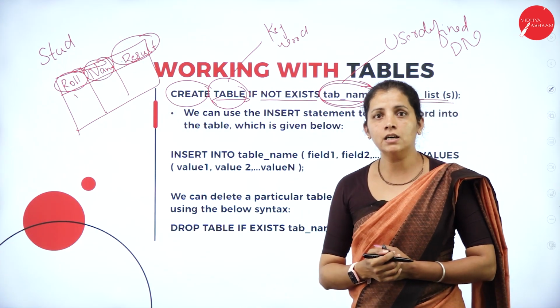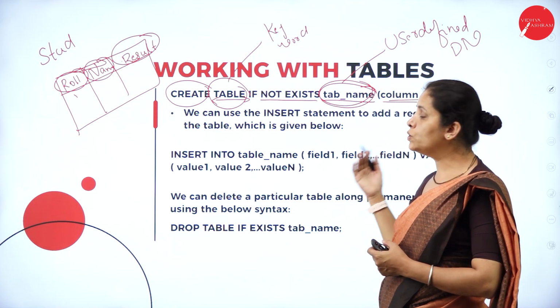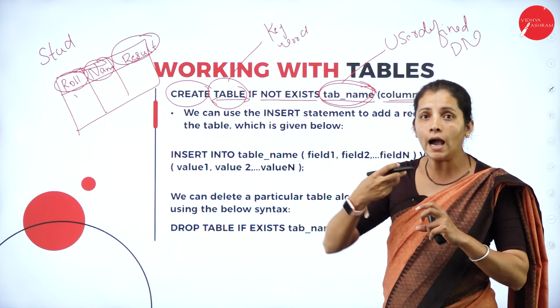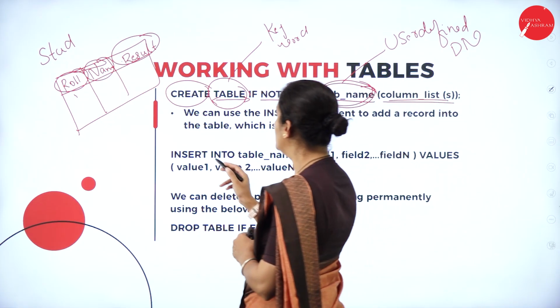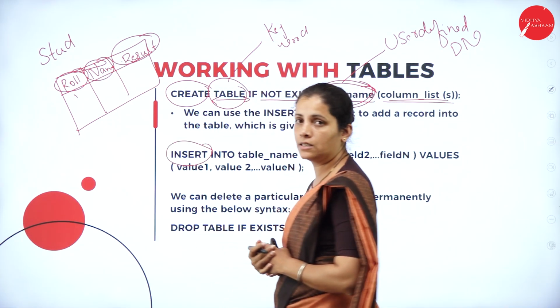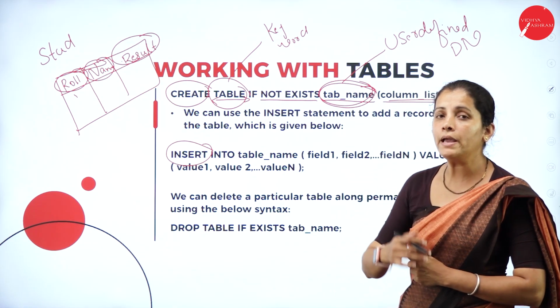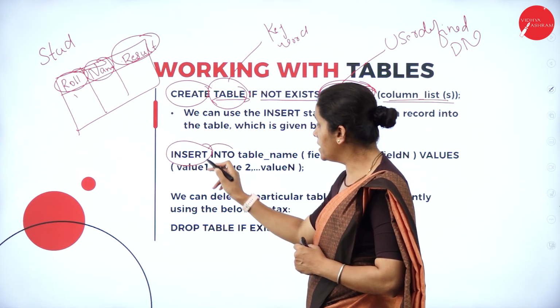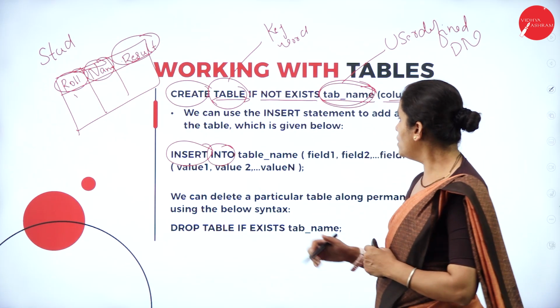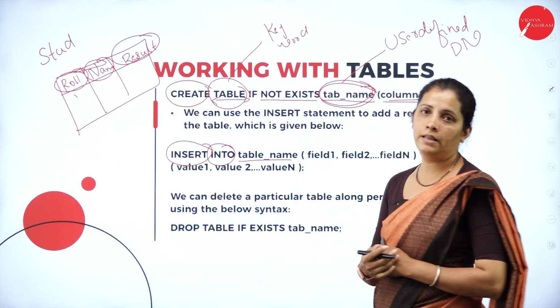After creating a table, I want to insert the values into the table. For that, I'm going to have a command called insert. So what is my command name? Insert is my command name. Into is a keyword and I want to write the table name.